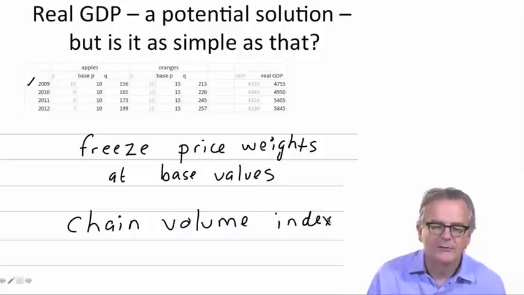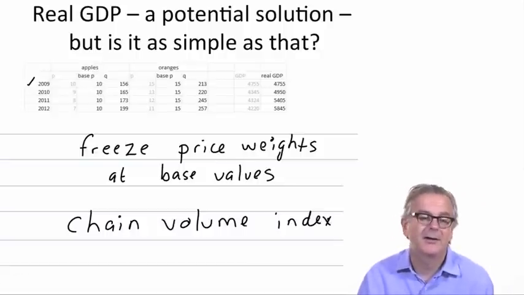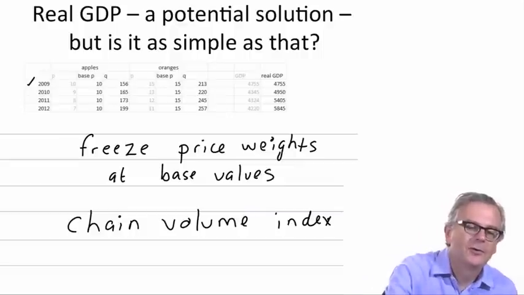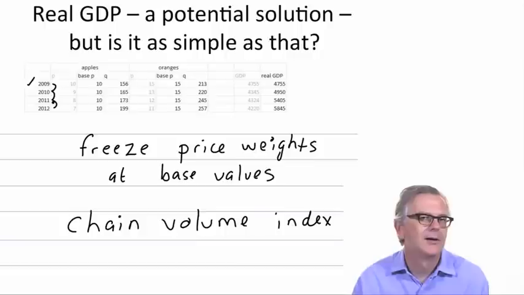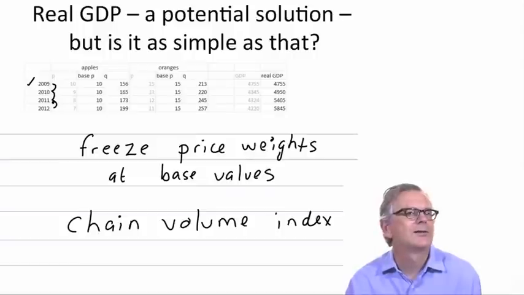Now, what a chain volume index does, and it's actually a fairly complicated calculation, is it moves that base forward year by year, so that each year you're valuing that year's quantities using the prices from the previous year.